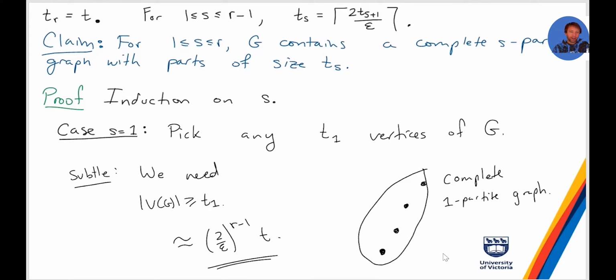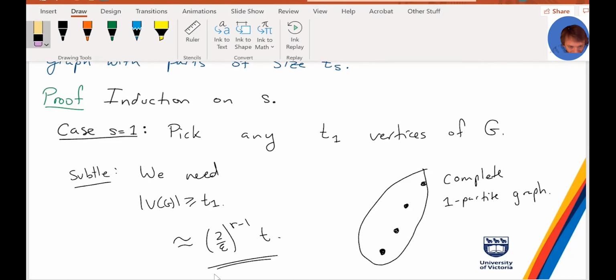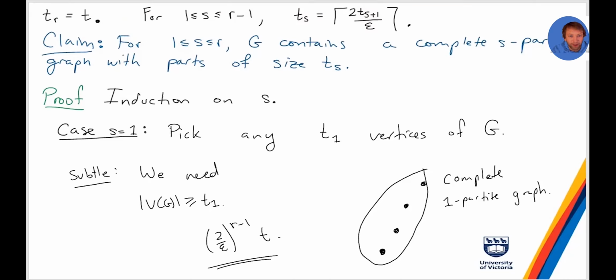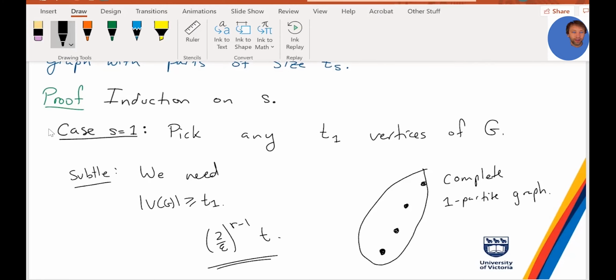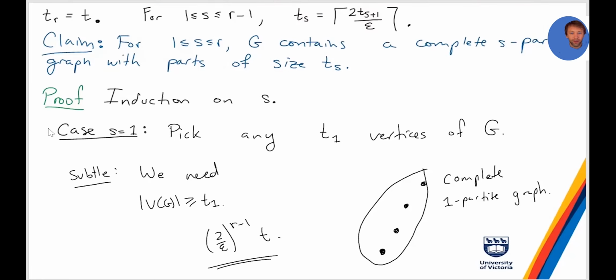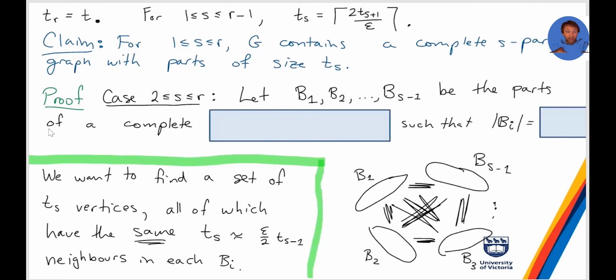So already we have to have the number of vertices be large in order to even do the first step. I don't really mean asymptotic here, but it's sort of like this. So for the first step, we just take any T_1 vertices of G, which we can do because the number of vertices in G is large.